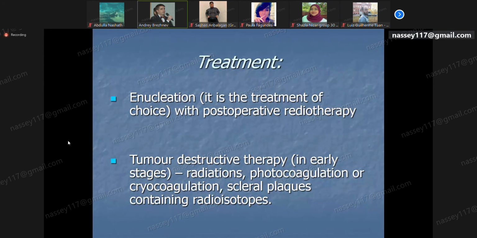And as you understand from my previous words, it's not possible in all patients. Unfortunately, a lot of patients, their parents, come to us in the second and sometimes even third stage of the tumor development.